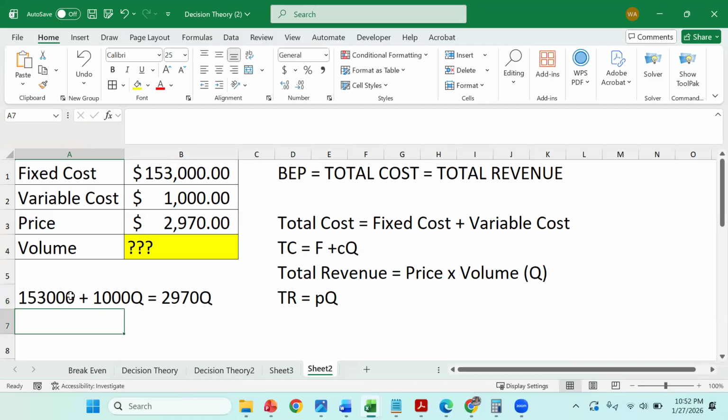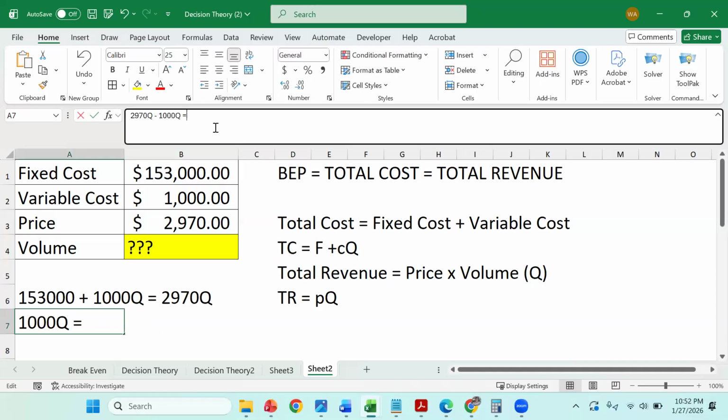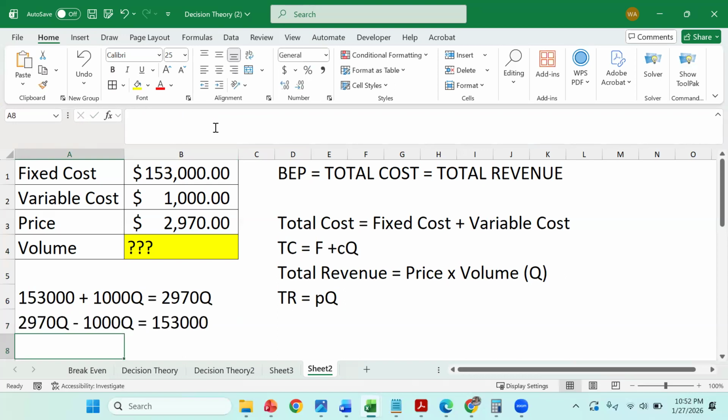And I'm going to simplify this by bringing the like terms together and saying that this will be 2,970Q minus 1,000Q should equal 153,123. If we simplify this further, 2,970 minus 1,000 is 1,970Q equals 153,123.